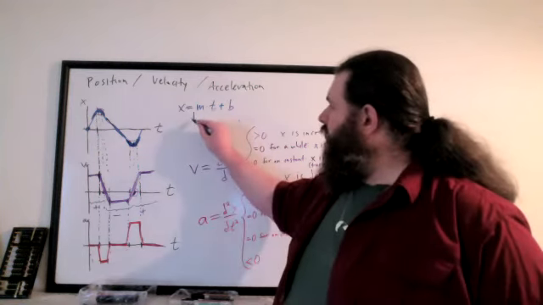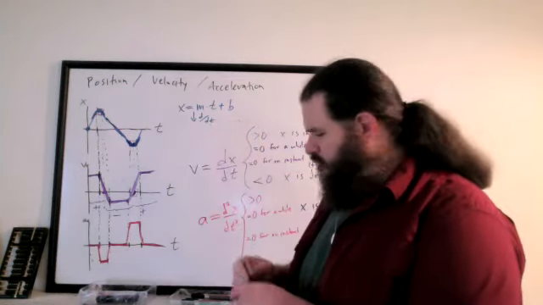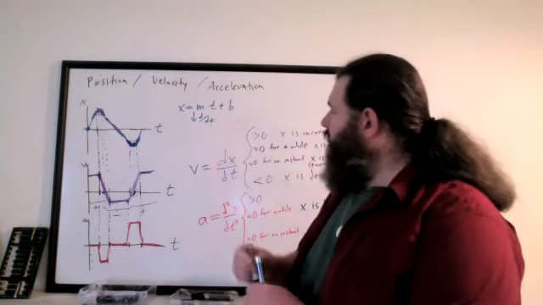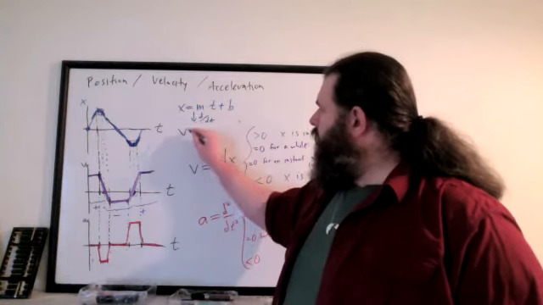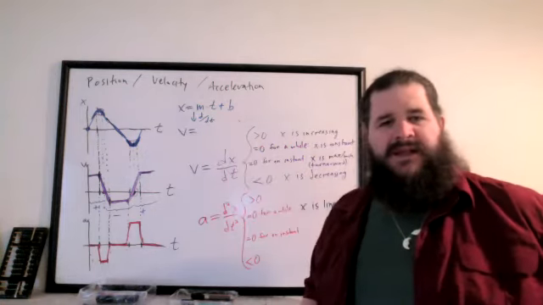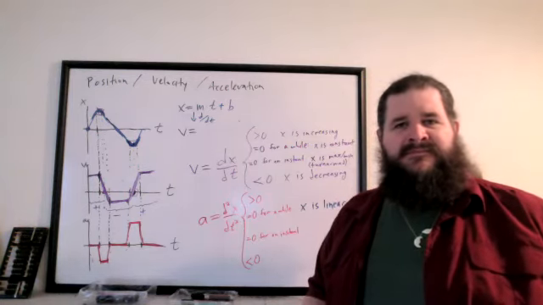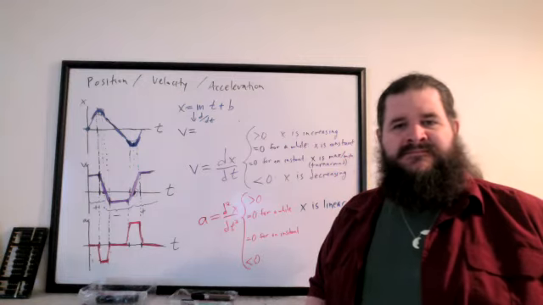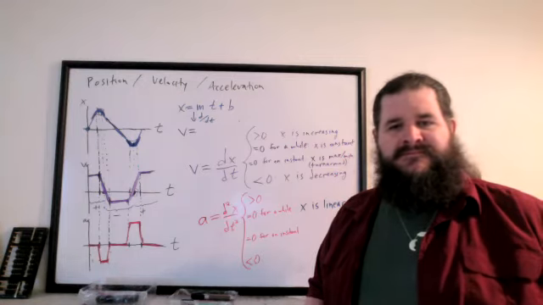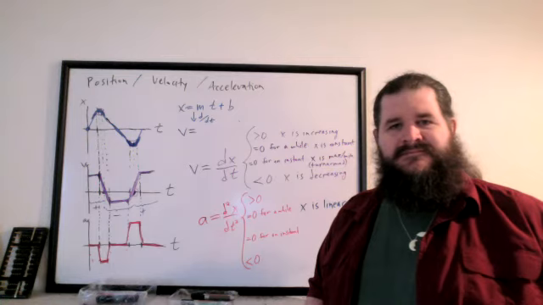If you take the derivative, we will get a formula for velocity. What's the derivative of mt plus b with respect to t? M?